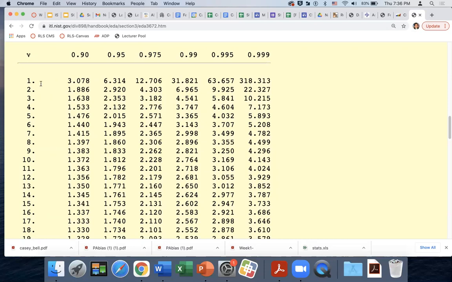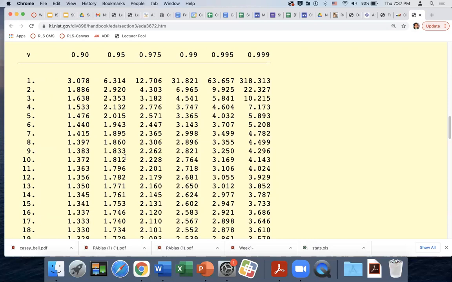So you see that as the degree of freedom goes up, your sample size increases, and when your sample size increases, your critical value goes down.